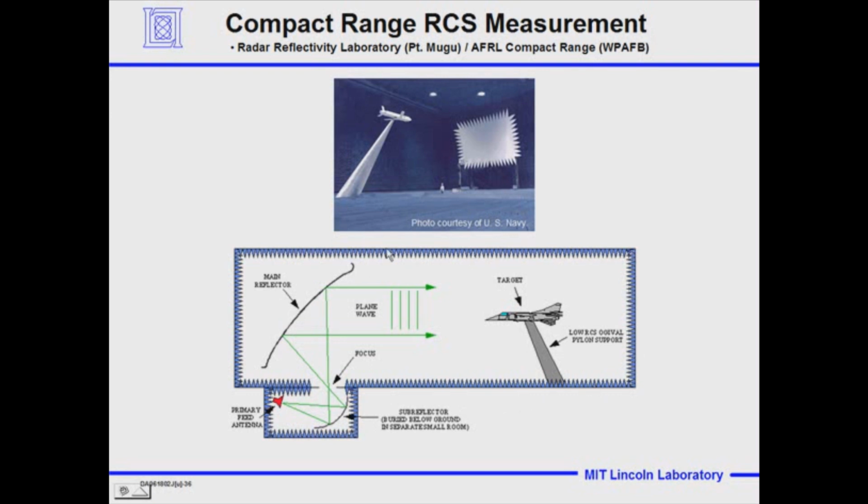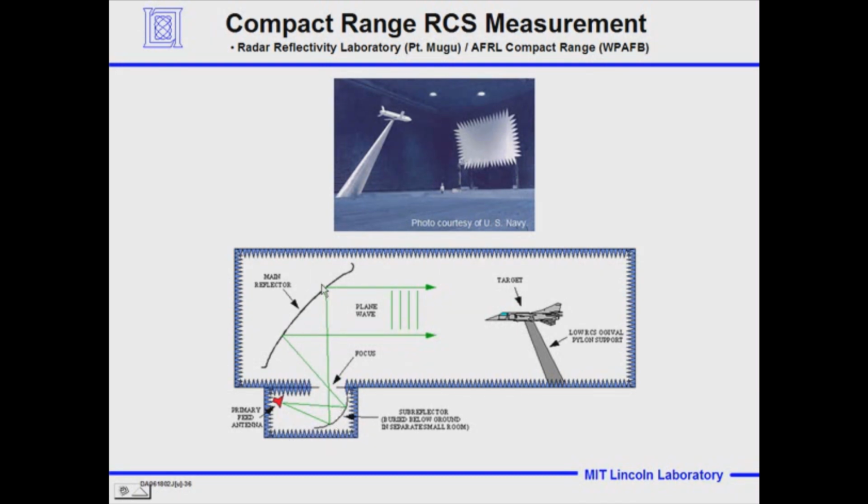Surrounding them is absorbing material made of carbon that absorbs any reflections other than the angles you're looking at. The mechanism of generating the electromagnetic plane wave is shown here. We have a parabolic feed, and it sends energy to a subreflector, which at the Air Force compact range is below ground.